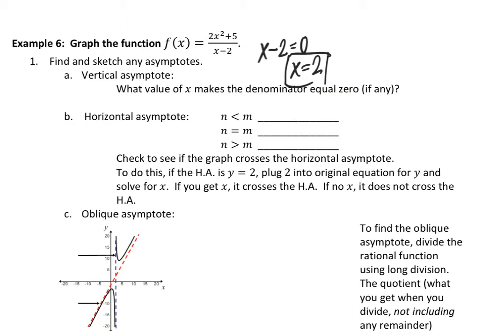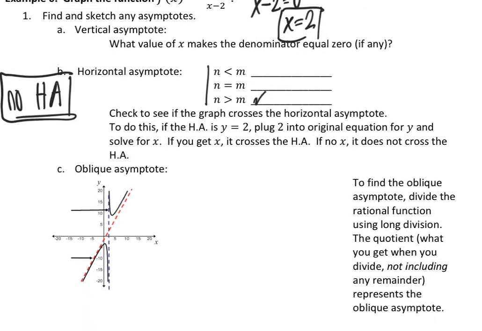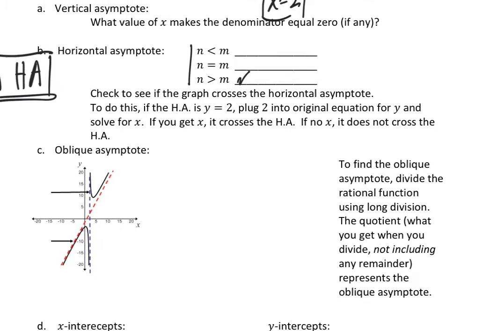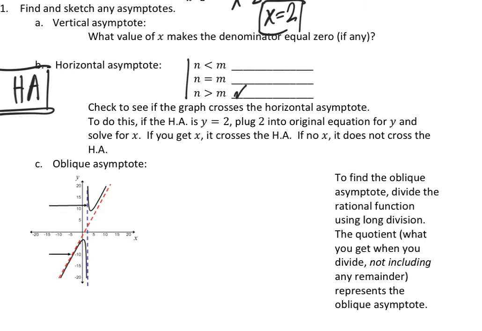So for the horizontal asymptote, remember your shortcuts. With this particular function, it's top heavy. So we're dealing with this option right here. And when you're top heavy, you have no horizontal asymptote. Okay, since there is no horizontal asymptote, we might have an oblique or a slant asymptote.